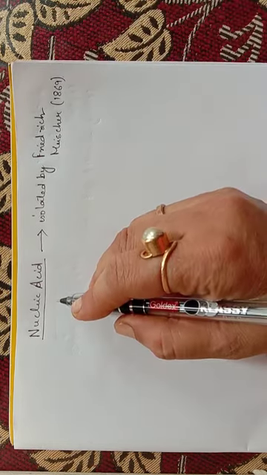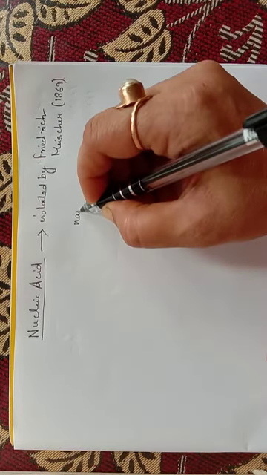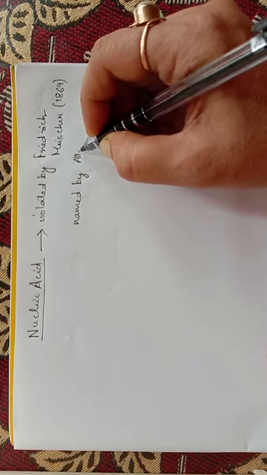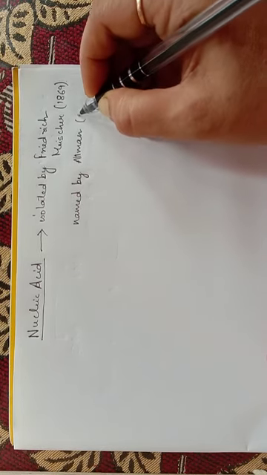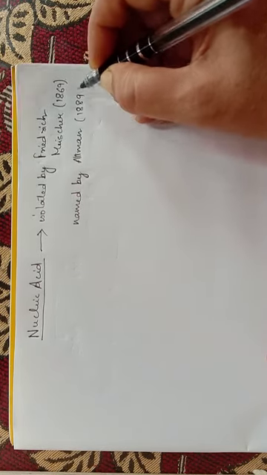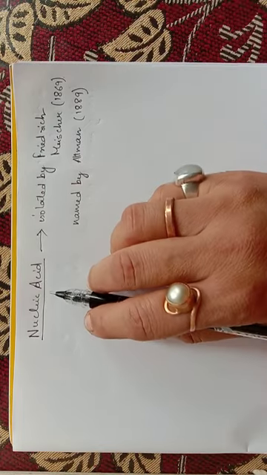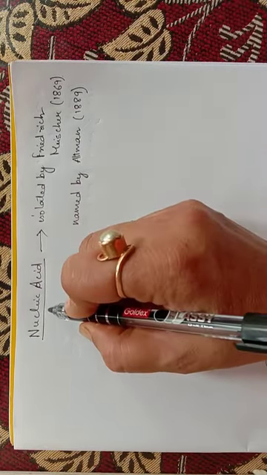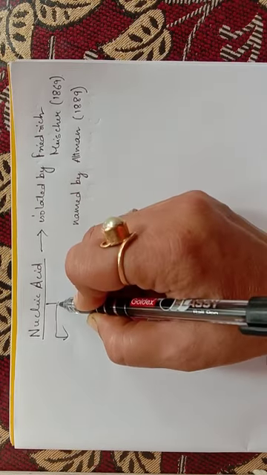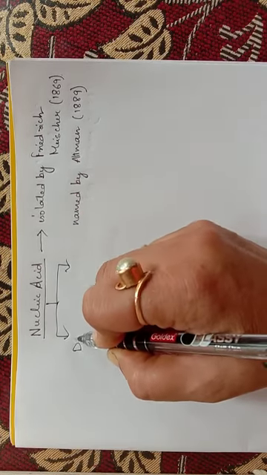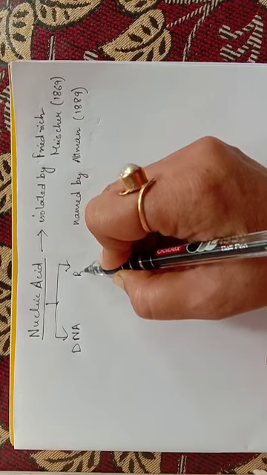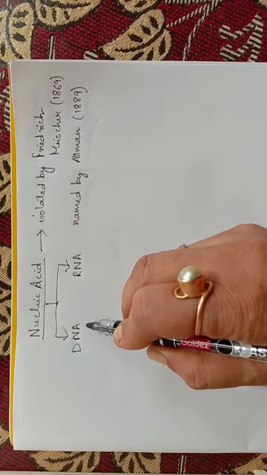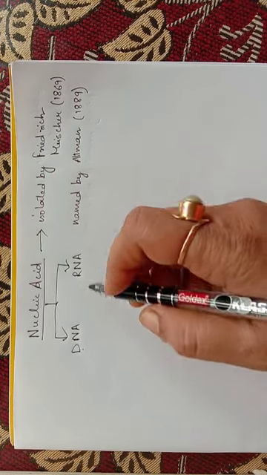The name nucleic acid was given by Altmann in 1889 because it is found in the nucleus and it is acidic in nature. Nucleic acids are of two types, DNA and RNA, deoxyribonucleic acid and ribonucleic acid.